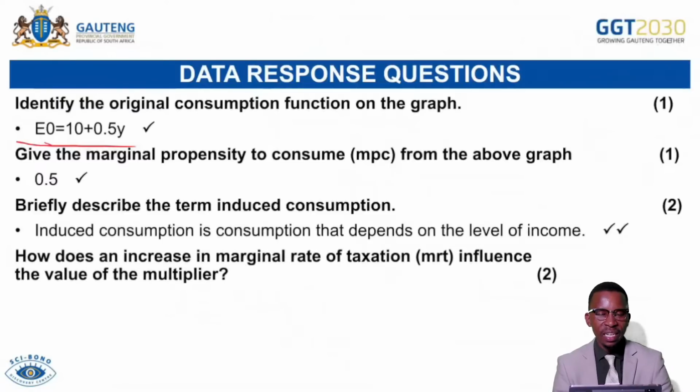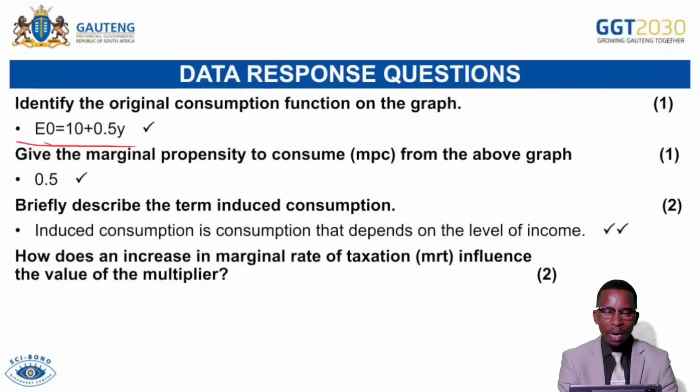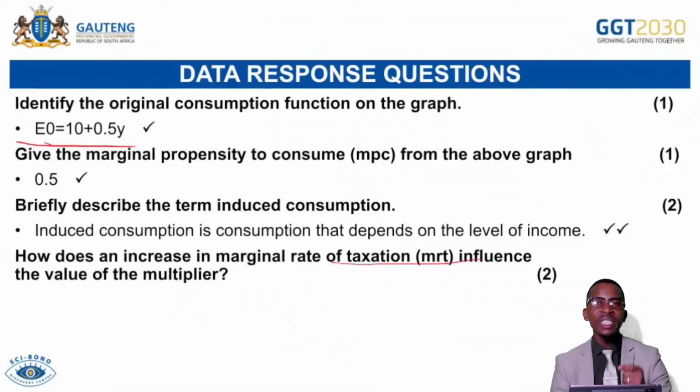And then how does the increase in marginal rate of taxation, MRT, influence the value of the multiplier? The first thing you need to note here is that taxation is a leakage. Should we include tax in the multiplier, that means the amount of money invested or spent in the economy will be less, because if we spend 10 million, a certain amount will be taxed by the government, so not actually 10 million will be received by the person we are buying from or investing in.